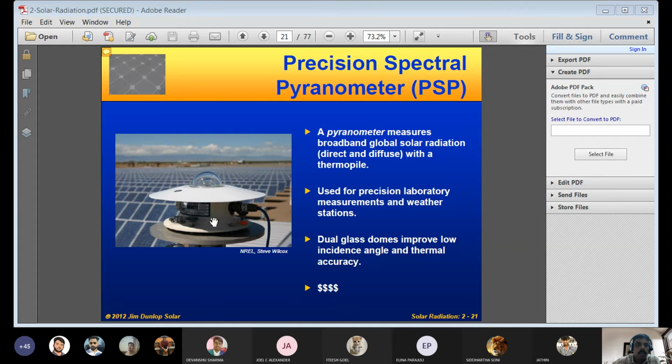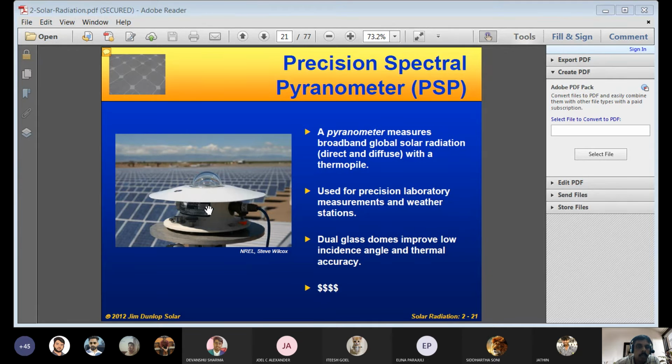Is it clear? How much potential is generated depends upon temperature, and temperature depends upon the amount of solar radiation received. So direct plus beam, totally it will receive in this configuration. That is called a pyranometer. It will give you the amount in terms of millivolts, a small voltage. That small voltage we can calibrate to give watt per meter square power of the radiation.